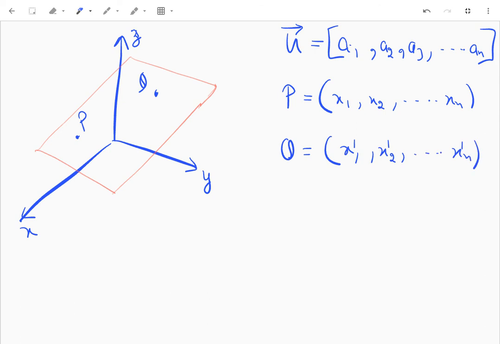Okay, just to differentiate, these are 2 points lying on the plane, and then we have a vector u. Now this vector can either be perpendicular to the plane or, okay, first let us discuss the case when it is perpendicular.